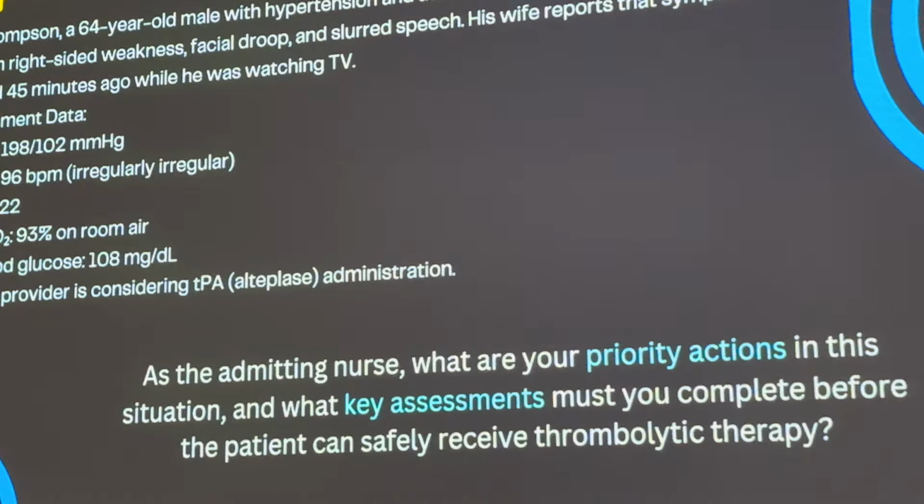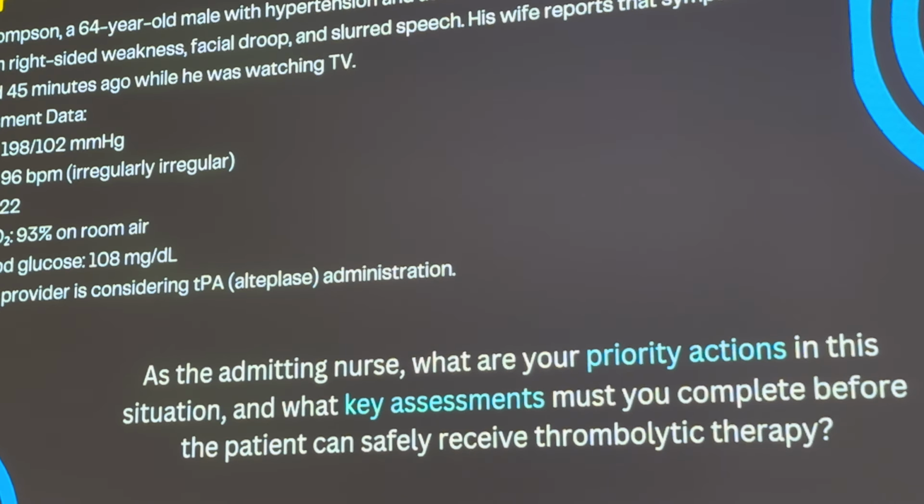Respiratory rate 22, O2 sat of 93 on room air. Blood glucose of 108. The provider is considering TPA or alteplase administration. So at this time, as the admitting nurse, what are going to be our priority actions in this situation? What type of key assessment findings are we going to find before we can safely give the TPA?